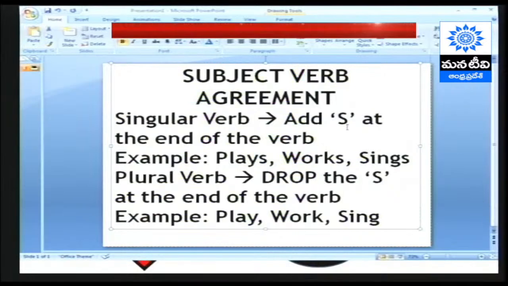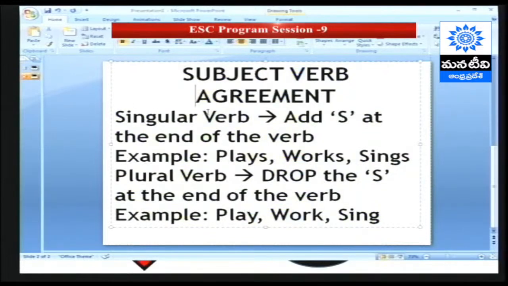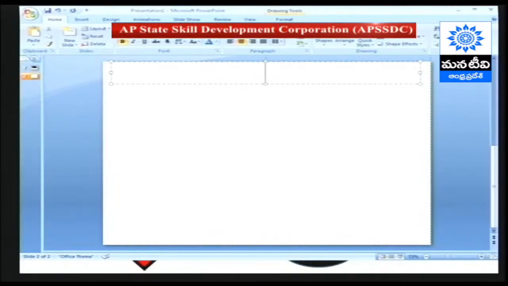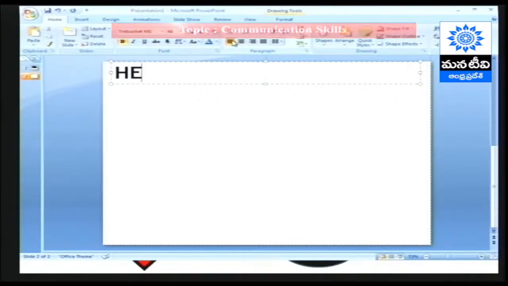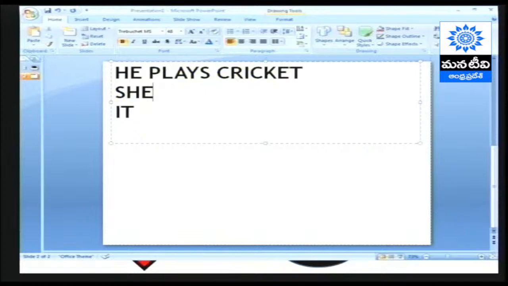Okay. Let me show you some examples to help you understand this better. I'm going to use all singular verbs here. He plays cricket.